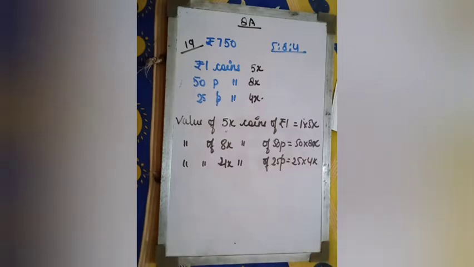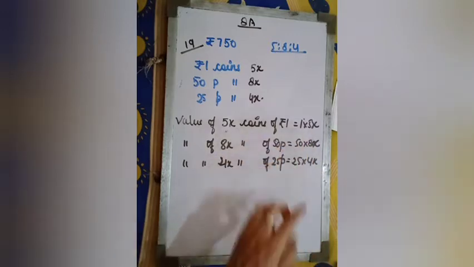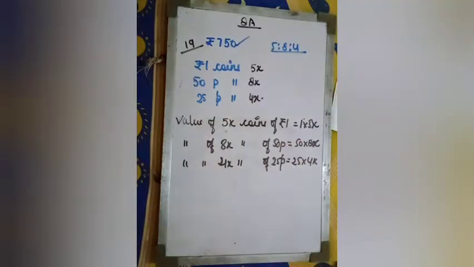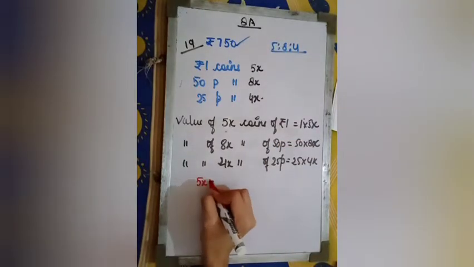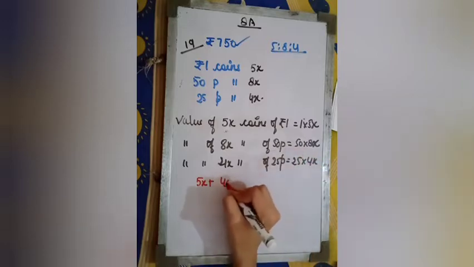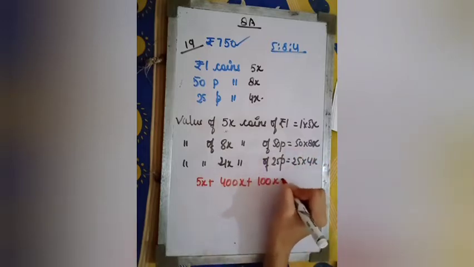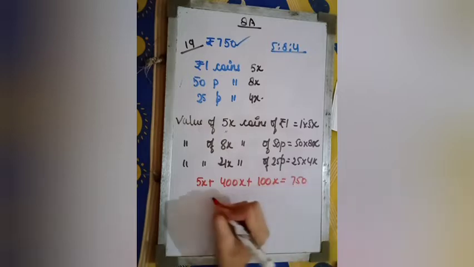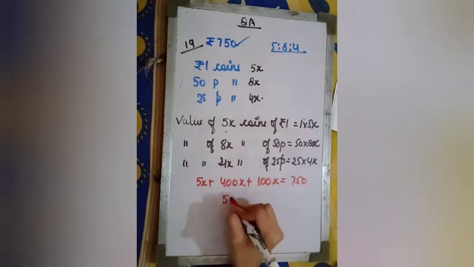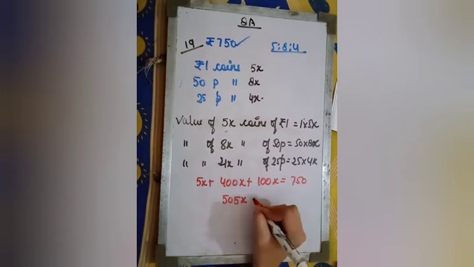Now student, if you add these values it should be equal to 750. Yes, so we will add them. It will be 5x plus 400x plus 100x. It should be equal to 750. Now add them: 505x equals 750.